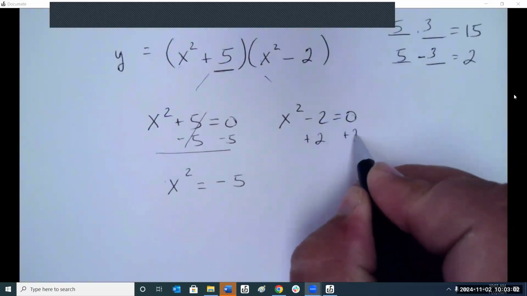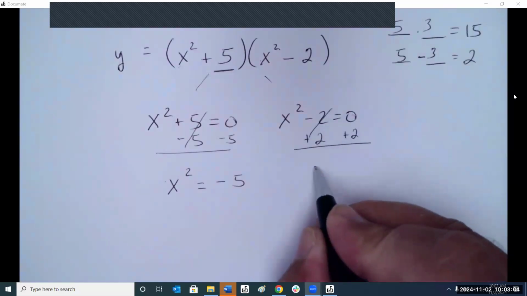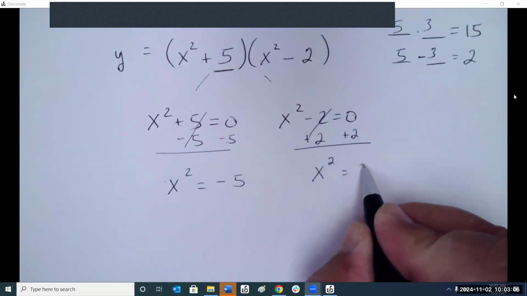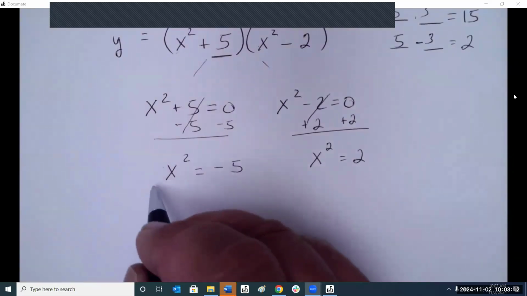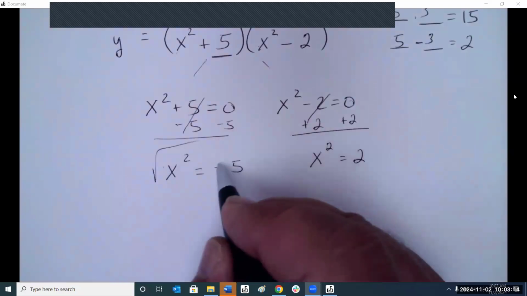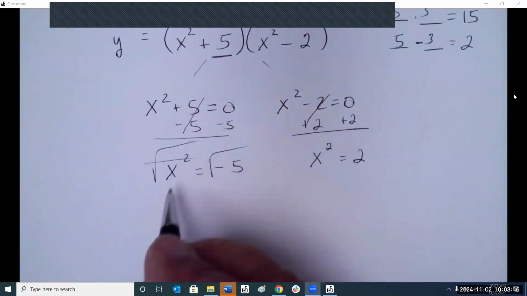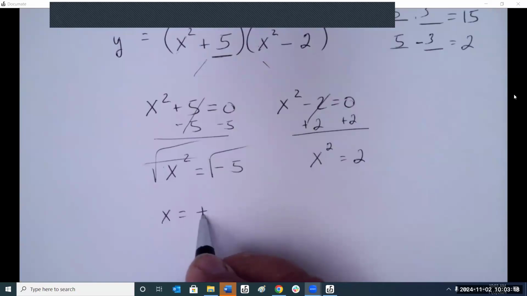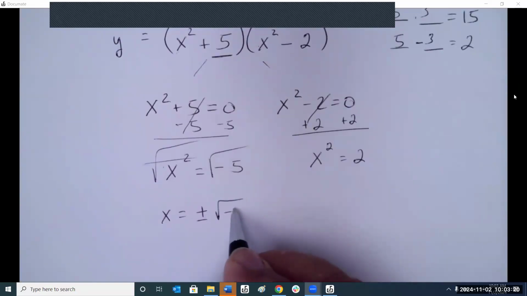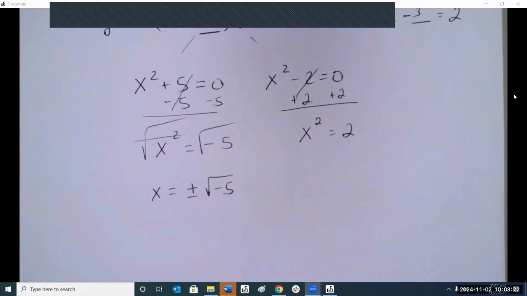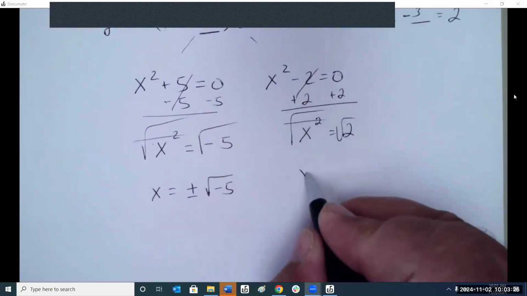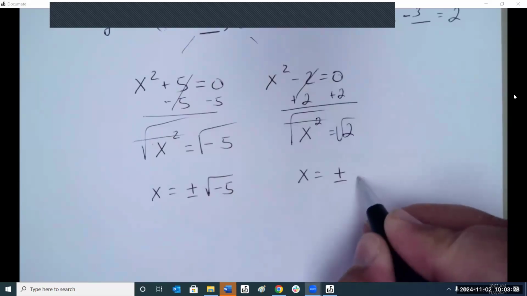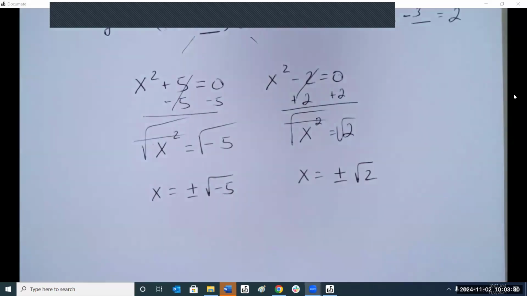And in the second one, we add 2 to both sides. Square root. So x is equal to plus or minus square root of -5. Square root. x is equal to plus or minus square root of 2.